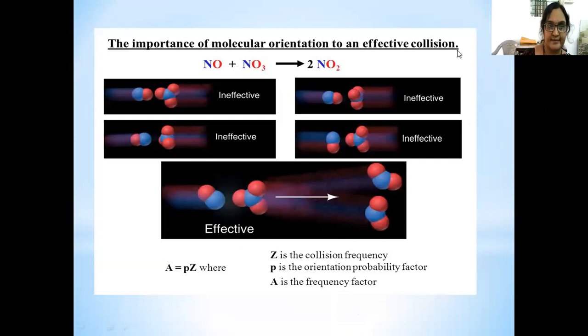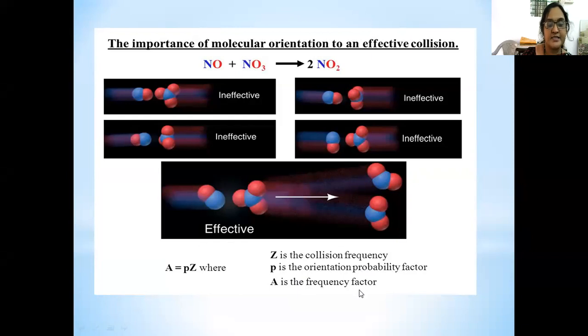According to collision theory, A equals rho times Z, where Z is the collision frequency, and rho is the orientation probability factor, which represents the orientation between the molecules.